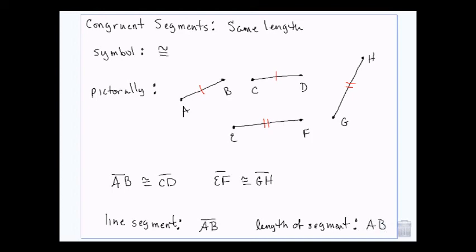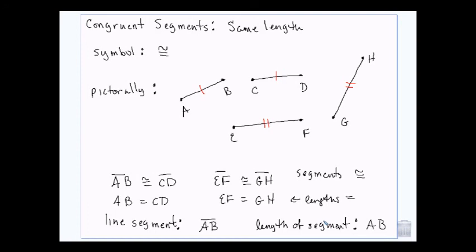So if I have the line over it, I'm talking about the actual physical segment, and if I don't have the line over it, I'm talking about the length of the segment. And lengths aren't congruent, they're equal. So lengths equal, segments congruent. If you're talking about the actual physical segment, you say they're congruent. If you're talking about the lengths, you say they're equal.